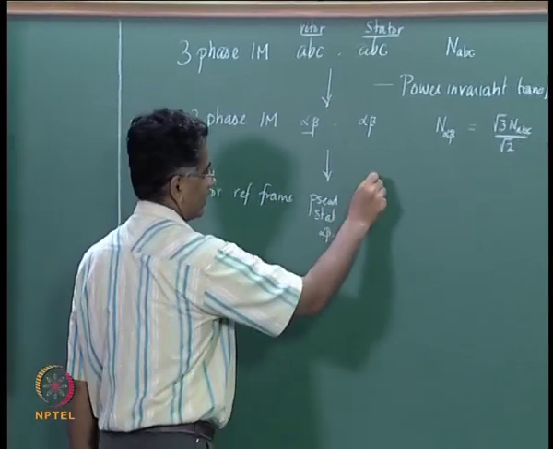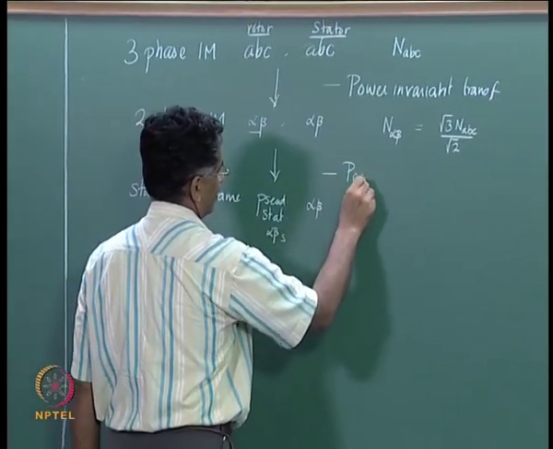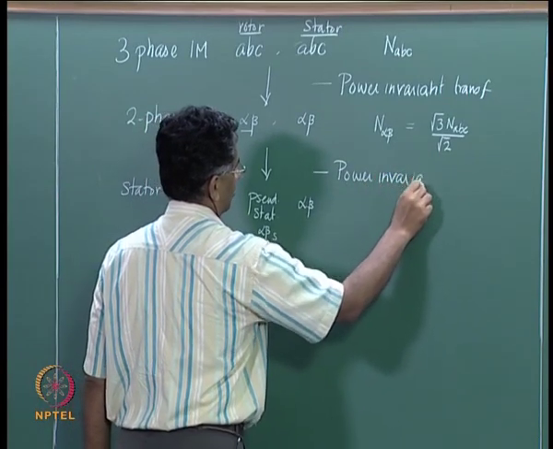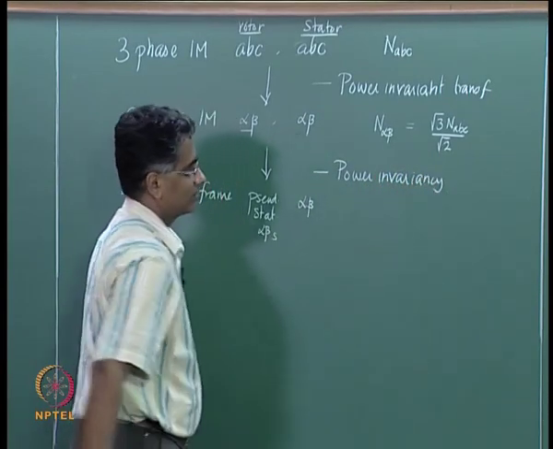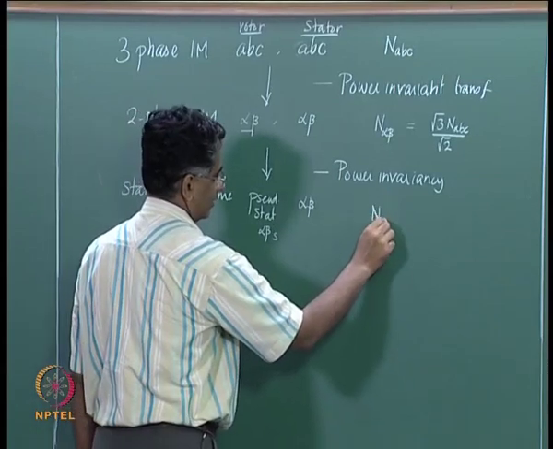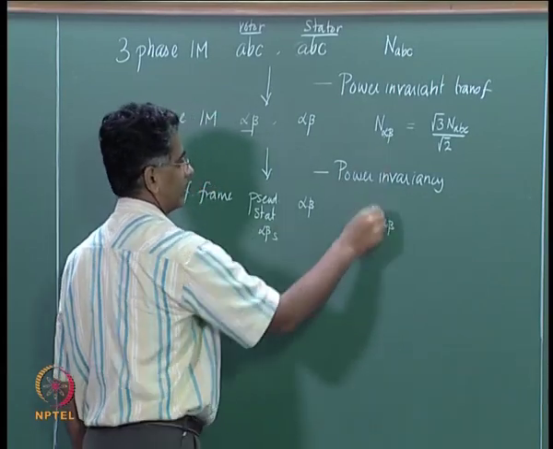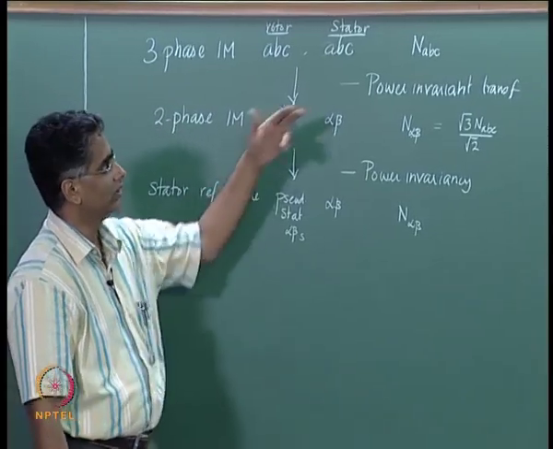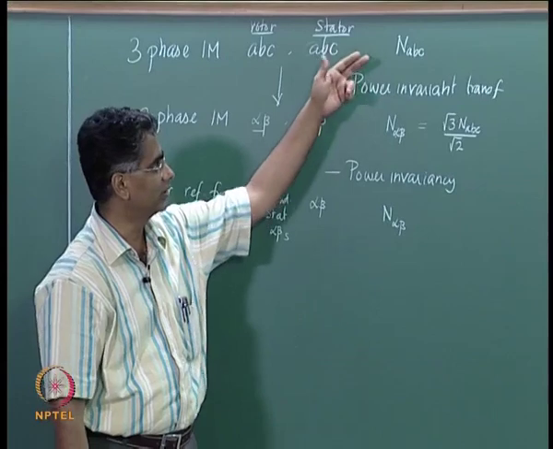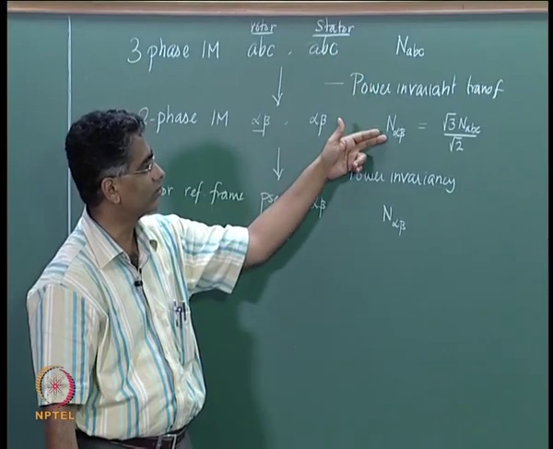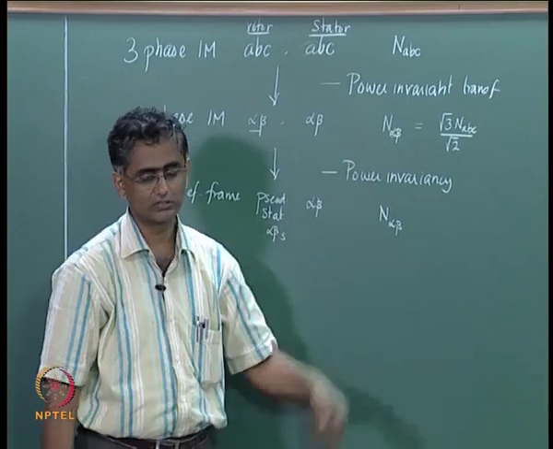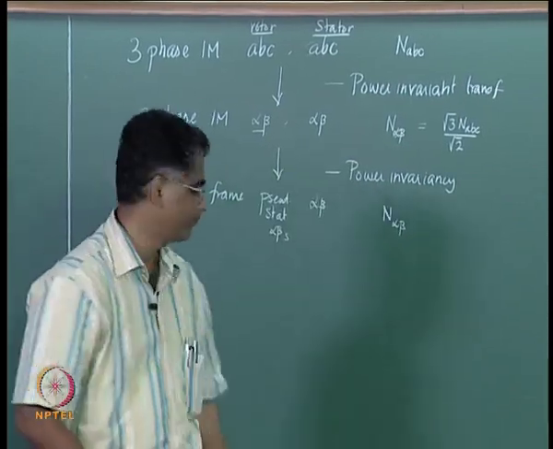In doing this, again we have used the condition of power invariance, but in this case the number of turns still remains the same as what was here. Therefore the number of turns in the windings now is different from that of n ABC. We have gone from n ABC to n alpha beta given by this relation, and between these two the number of turns remains the same.